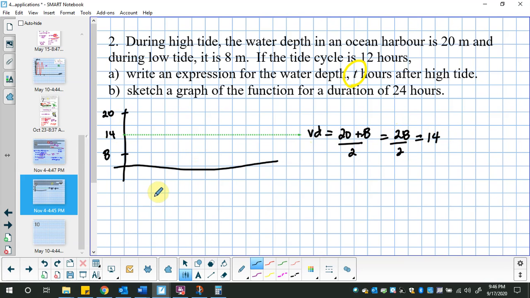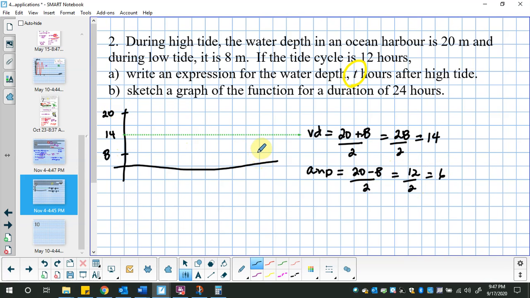No big deal. The amplitude is (20 minus 8) divided by 2, which is 12 divided by 2, so 6. And that makes sense because 20 minus 14 is 6 and 14 minus 8 is 6, so that all checks out. So far so good.